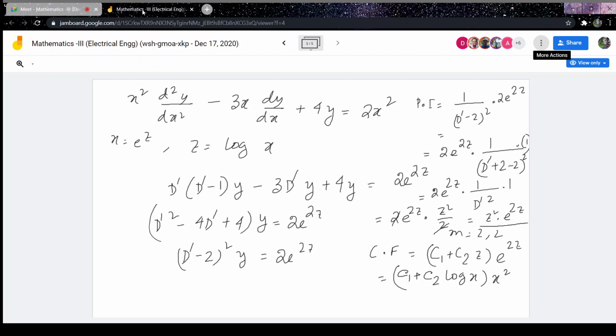Ma'am, is it x to the power 4? No, your PI is z square e to the power 2z. That means z square is log x square and e to the power 2z means x square.